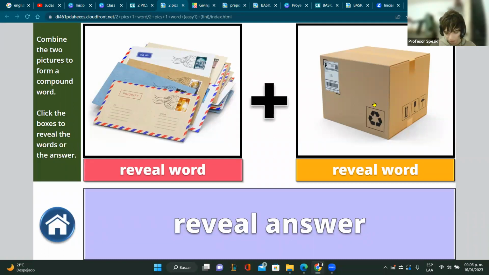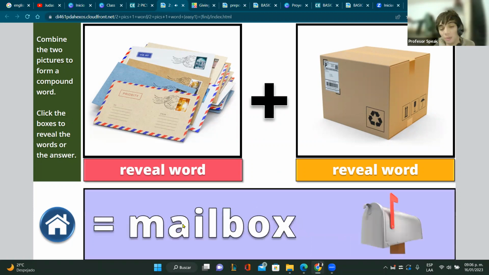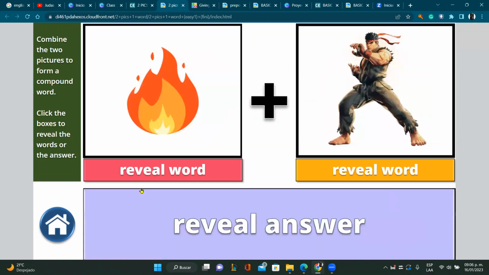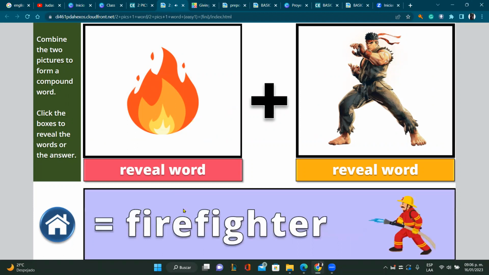The pronunciation of this one is mailbox. We don't say mail, we say mailbox. Okay. Fireman. No. Firefighter. Very good. A firefighter. Perfect.